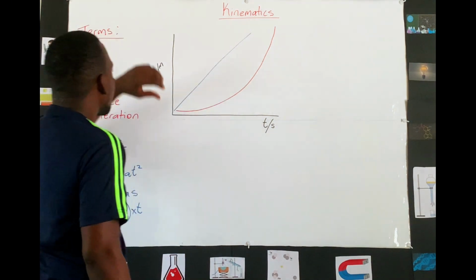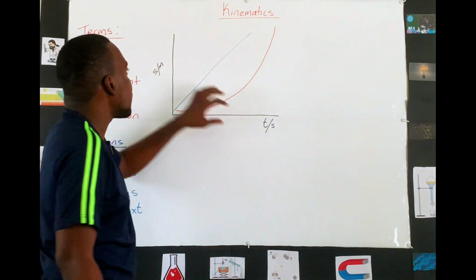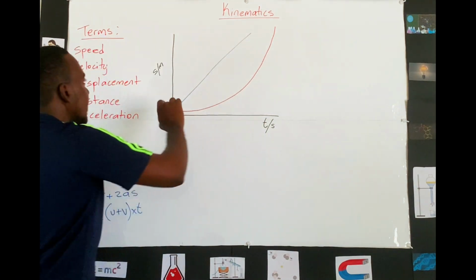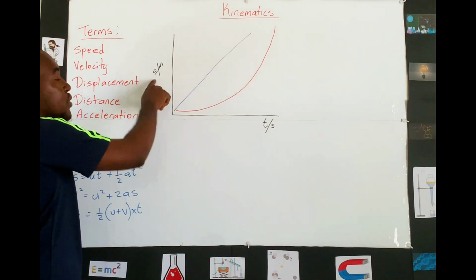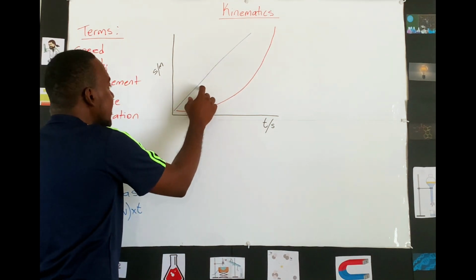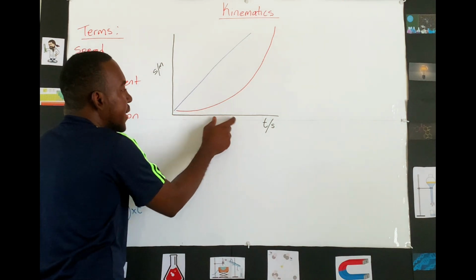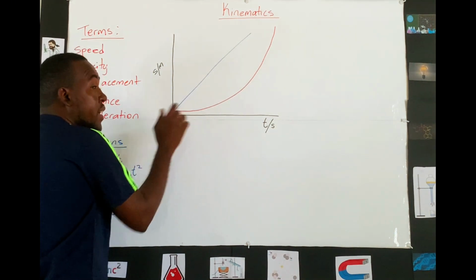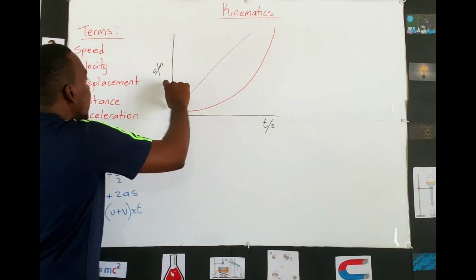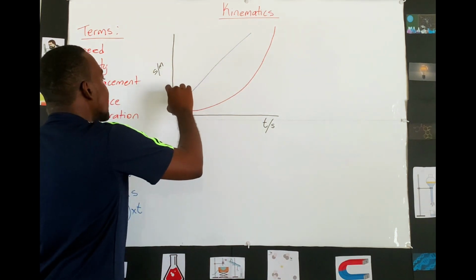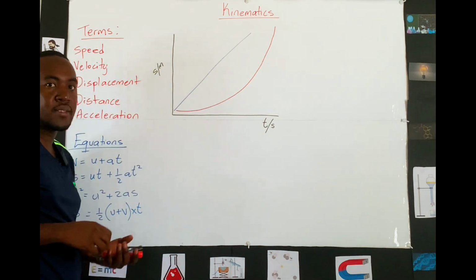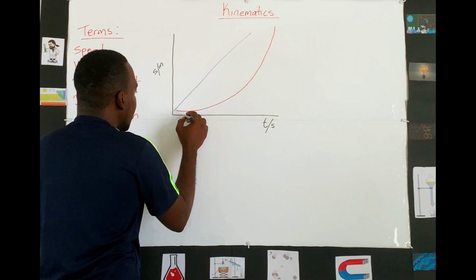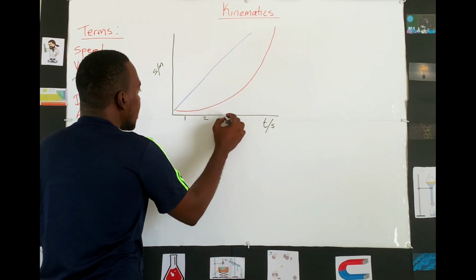So those are the terms that we use in kinematics. Now, this graph shows us distance against time, or displacement against time, where the blue line tells us that this object is covering the same distance in the same amount of time. Meaning, if we check the time every second, then the object is moving the same distance each time. So let's take, for example, 1 second, 2 seconds, 3 seconds.